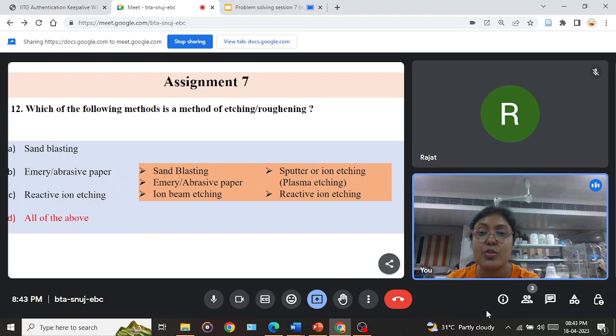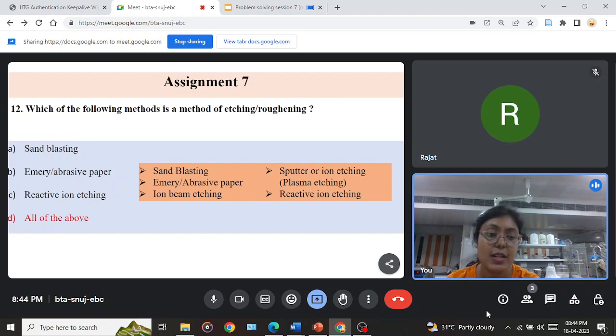So not just these options, any other plasma etching or ion beam etching should also be remembered, right? Etching or roughening can be done using dry or wet gas, then physical methods like abrasive paper, that is the mechanical method, chemically, and then reactive ion etching can also be done.